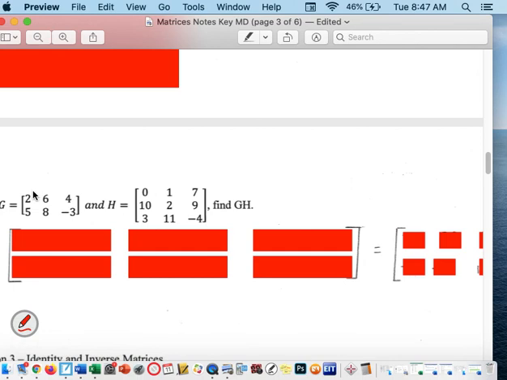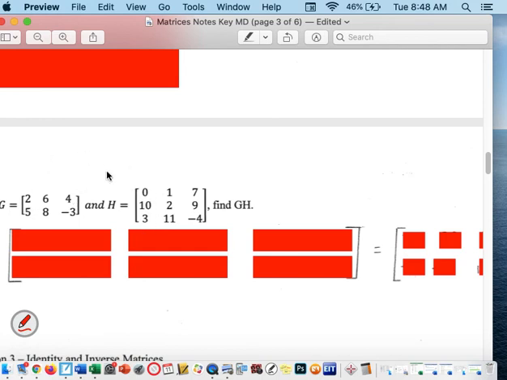So let's do row by column. 2 times 0, 6 times 10, 4 times 3.